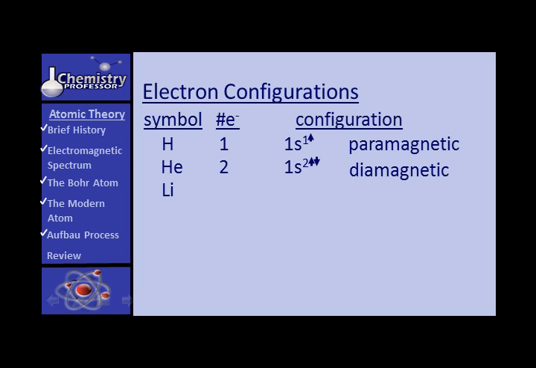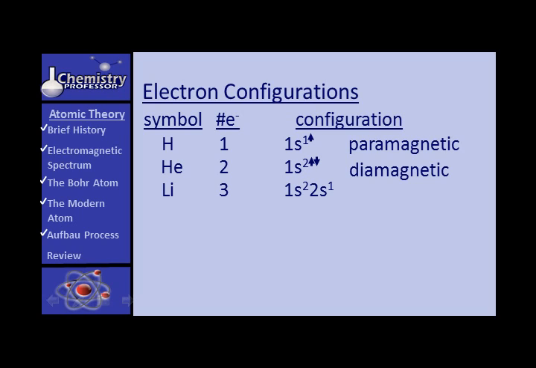Let's look at lithium. Lithium has 3 electrons. So where shall we put them? Well, they go into the 1s with 2 electrons. It can hold no more, so the next one goes into the 2s and places 1 electron. And what do you know about lithium?